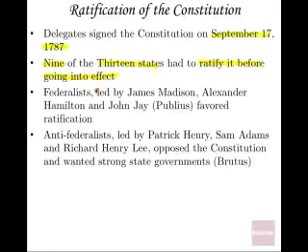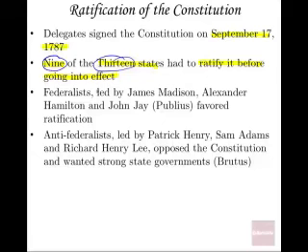So even though it was said that 9 of the 13 states were required to ratify before going into effect, according to the provisions of the yet unpassed Constitution, if you had Rhode Island or Delaware or New Jersey refusing to sign, then you would have had a problem. But eventually all of the states did end up signing.